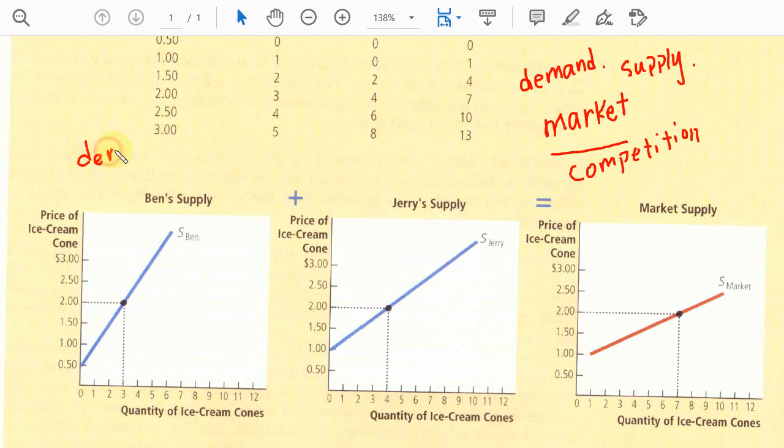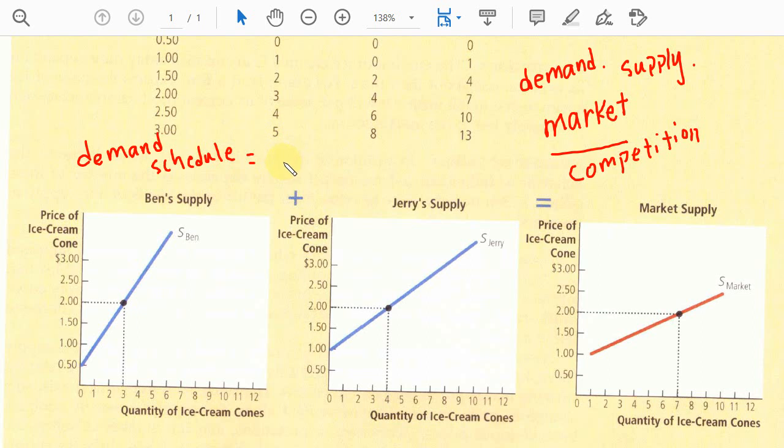It shows how demand varies according to the market price. I mean, as the price of a product changes, the demand for that product also follows.